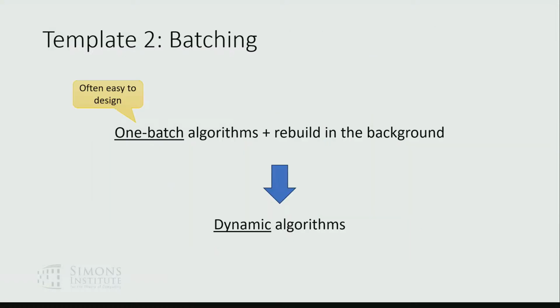The second one is how to get from a batch algorithm to a dynamic algorithm. That batch algorithm usually is easier to design. Once you apply it to the rebuild in the background technique, you get dynamic algorithms. And note that it works for a K-batch algorithm too. And this K-batch thing has been used and applied to get more dynamic algorithms in the literature.